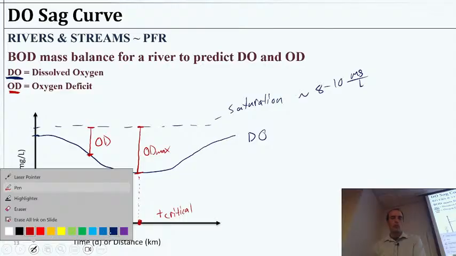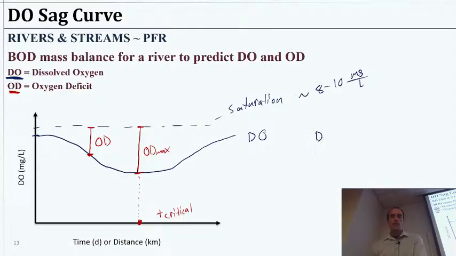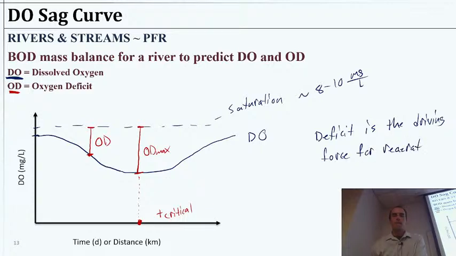So we'll describe that more next time, but the deficit here is essentially the driving force for reaeration. So the greater the deficit, the more oxygen we have coming in, which is really helpful, but that doesn't mean the deficit doesn't get so bad that we get a fish kill, right? So that's what we are trying to avoid.